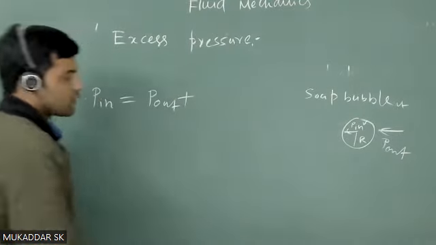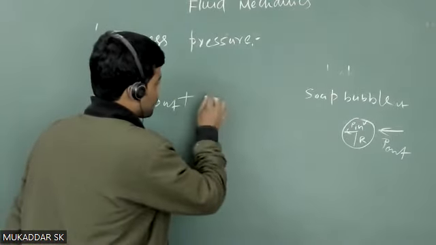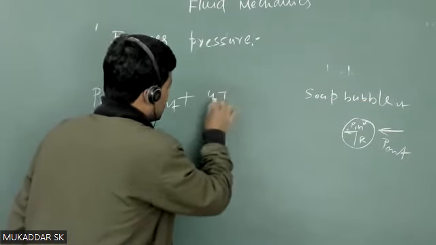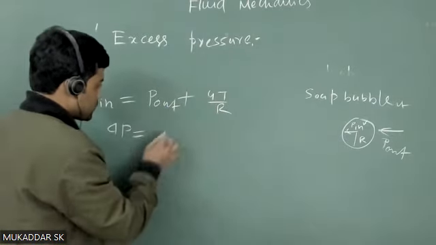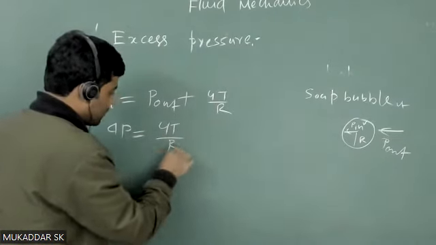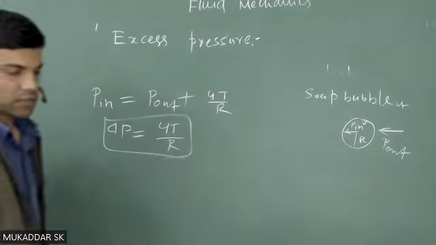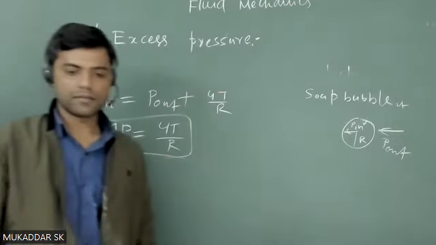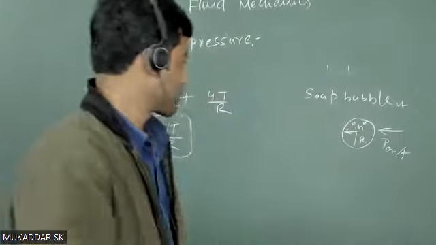But remember, you have two surfaces, so the net surface tension pressure will be 4T by R. So the excess pressure delta P, P in minus P out, will be 4T by R. This is for a soap bubble, where T is surface tension and R is radius. So this excess pressure, 4T by R, is because of surface tension.